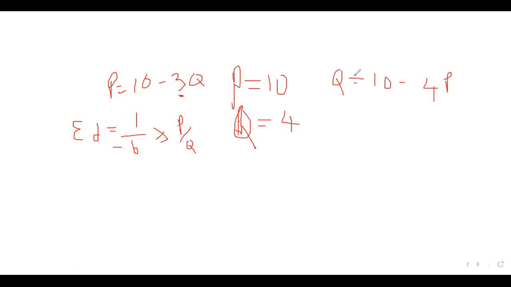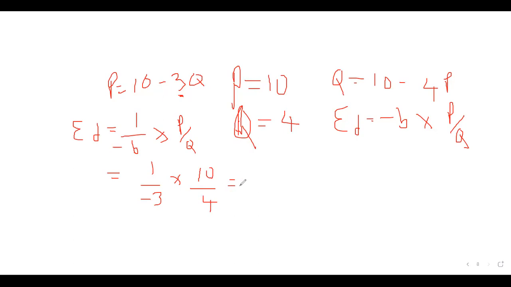If the subject of the formula is Q, the elasticity formula we're going to use in this case is for a direct demand. We just get negative B times price over quantity. So here we're going to put 1 over negative 3 times price, which is 10, over quantity, which is 4.